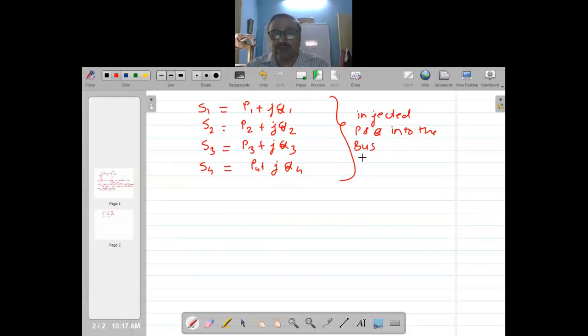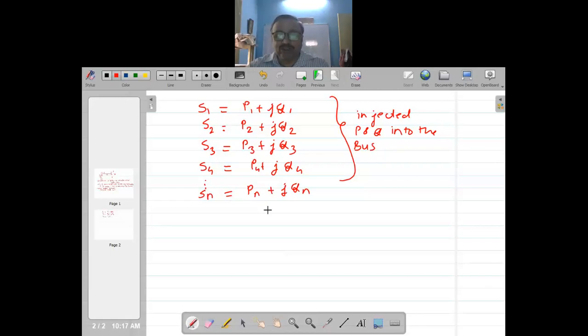What I am assuming is all these values are injected into the bus. So I have got Sn for n buses, which is Pn plus jQn. Nothing wrong as far as the mathematical model is concerned.